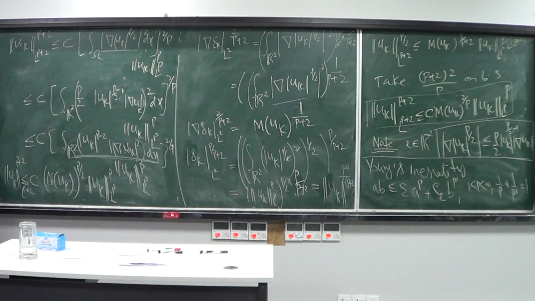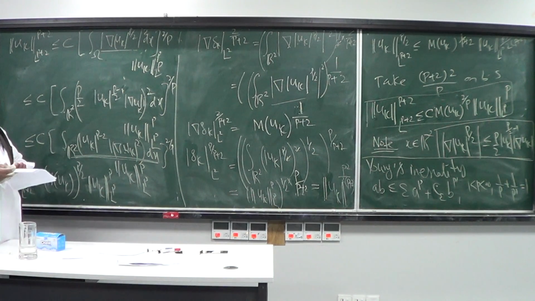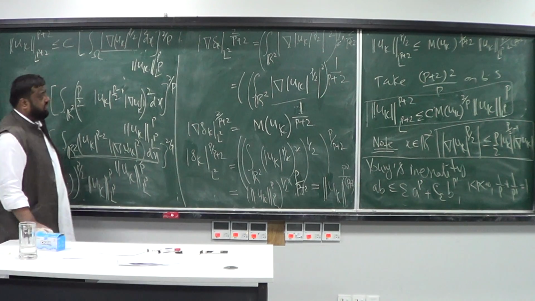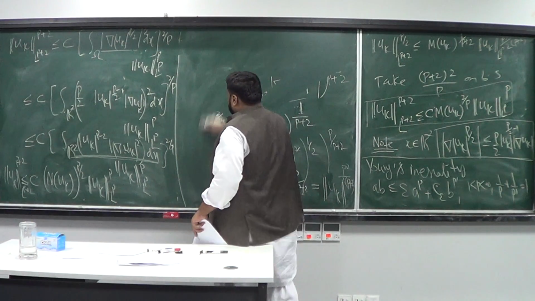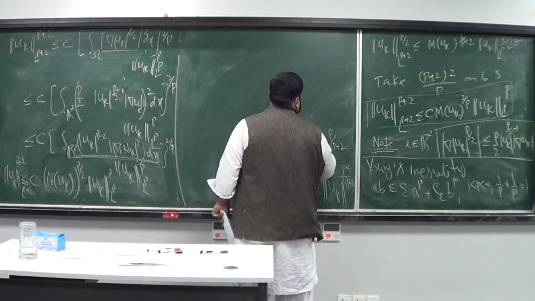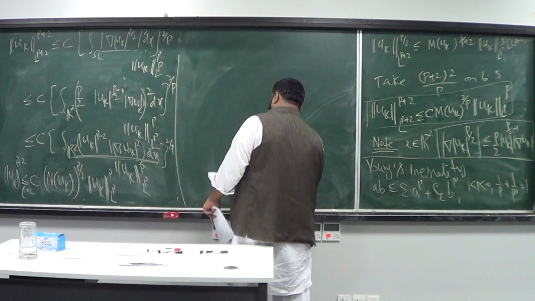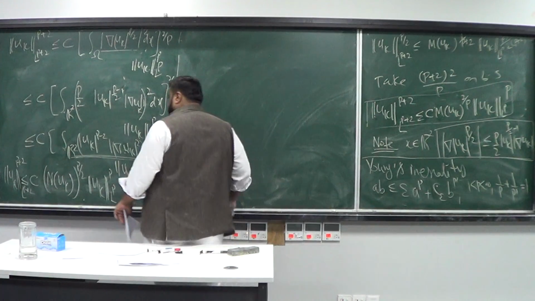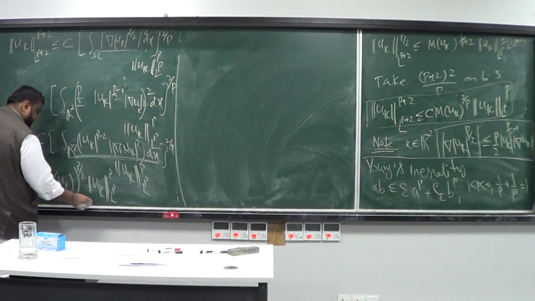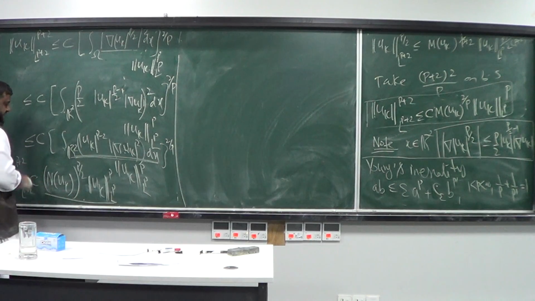Okay? And if you think this is a bit messier, just keep on looking at this and keep your notes in front of you and everything will make sense to you. Okay, so on this side of the final inequality that I have got, I would like to apply what you call Young's inequality.